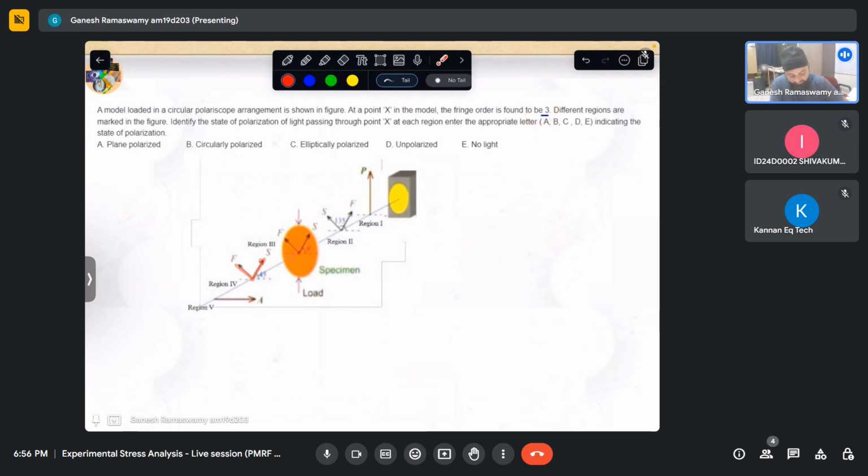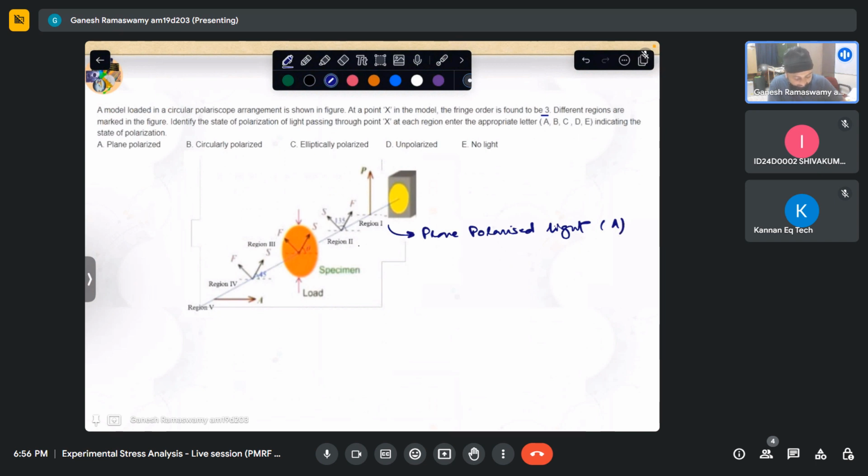Then we have the crossed combination of the quarter wave plate, and then we have the analyzer at 0 degrees. So in region 1, we know that it is plane polarized light. So if that is plane polarized light, then region 1 would be A.